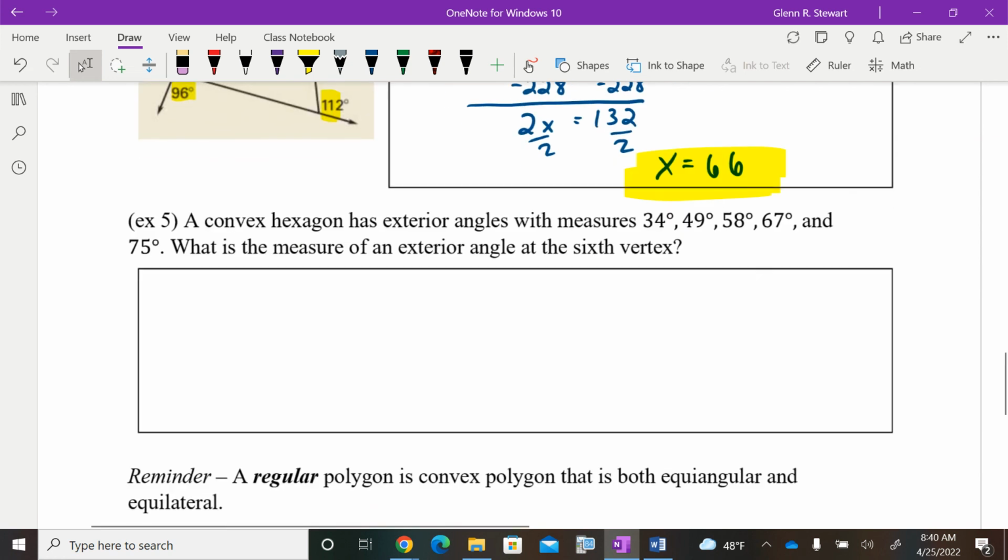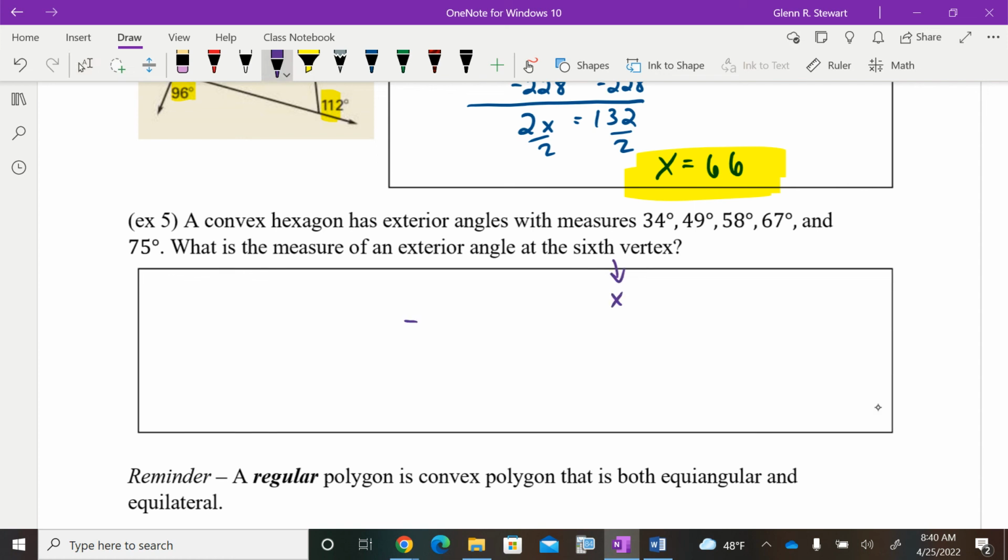What would I have to do? First off, what do I know? We know 5 of the exterior angles. We're missing one. So let's put an X down for that missing angle, the 6th vertex.